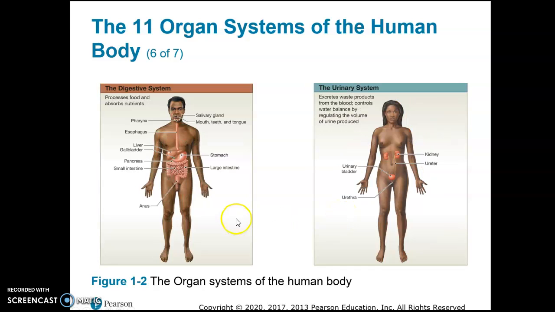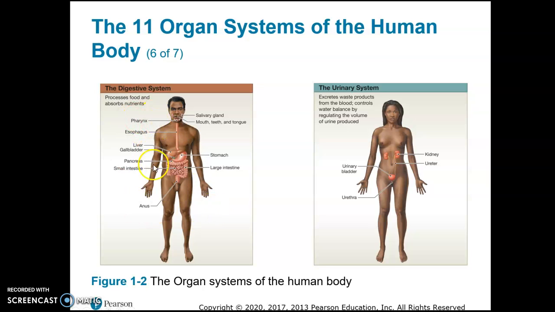And then we have the digestive system, which is the digestive tract, which starts at the mouth and ends at the anus. And then we have accessory organs that help with digestion that aren't part of the GI tract or the digestive tract: the liver, the gallbladder, the pancreas, which is kind of underneath the stomach.